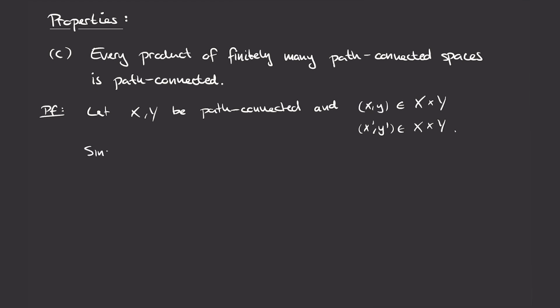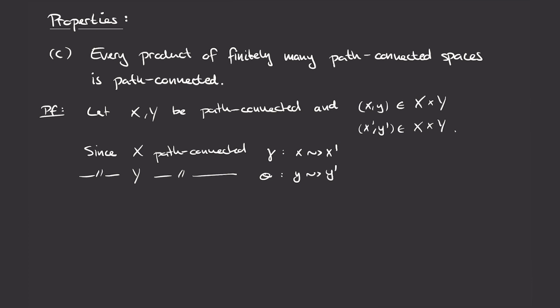So we know that since x is path connected, we have some path gamma, which goes from x to x prime. And similarly, since y is path connected, we have some path theta going from y to y prime.